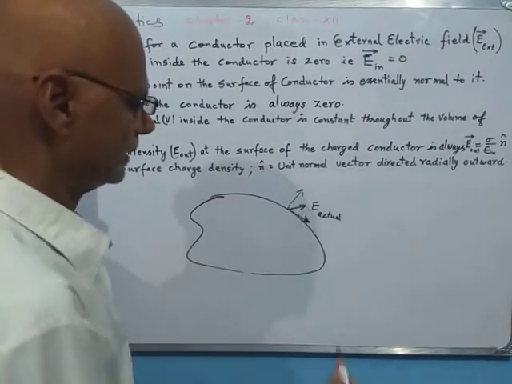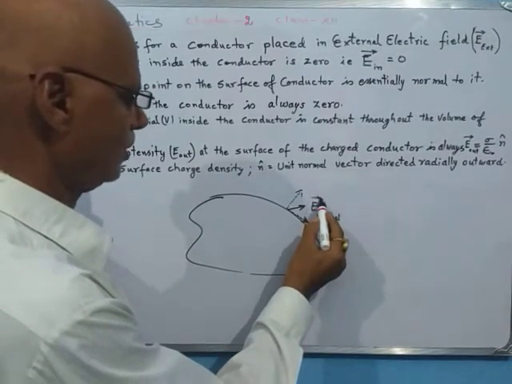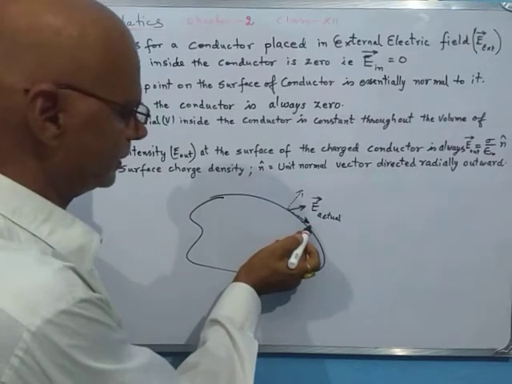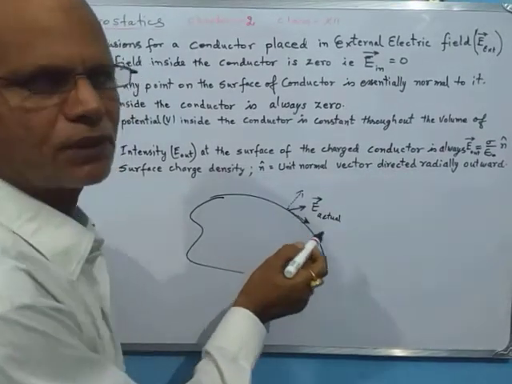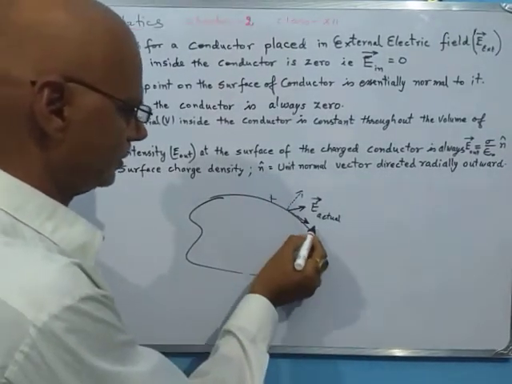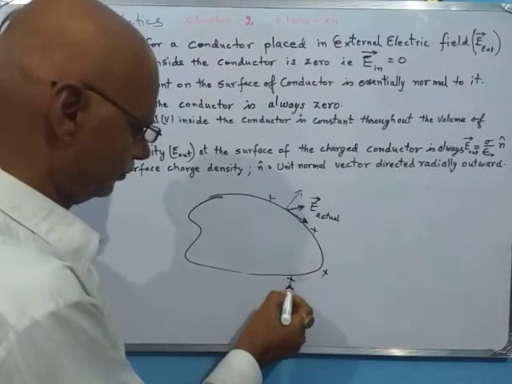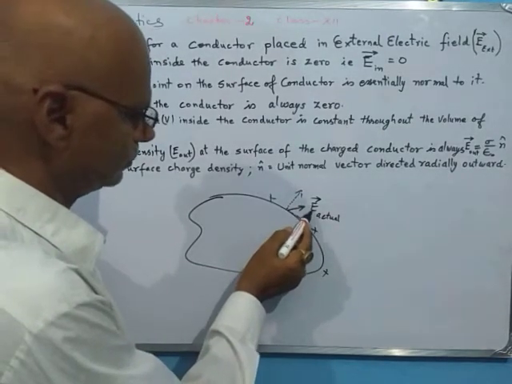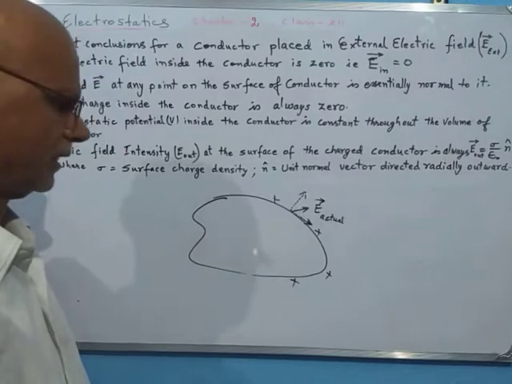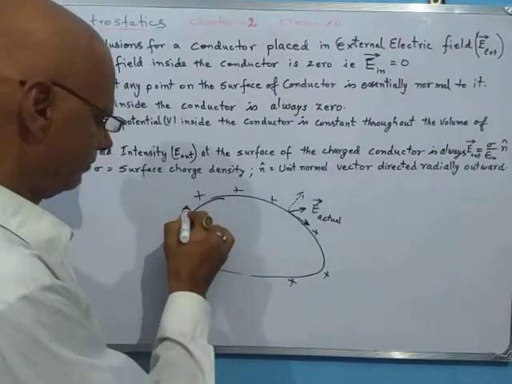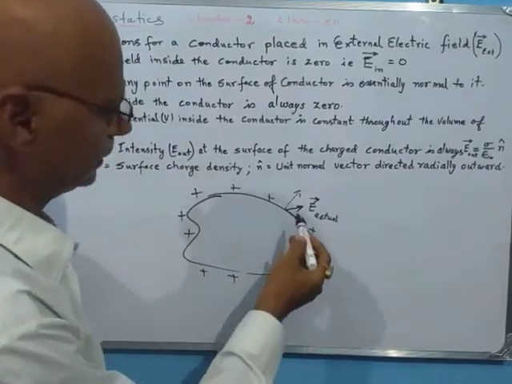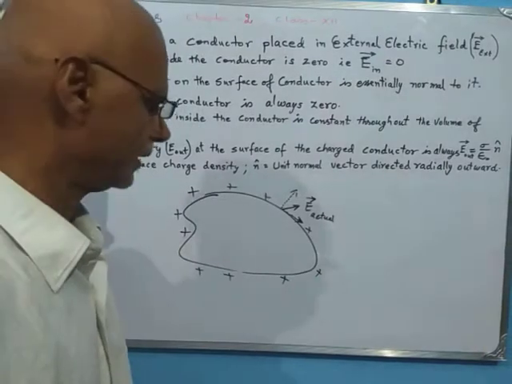If we talk about this electric field which is not perpendicular to the surface, then the horizontal component, that means the component of electric field along the surface, will force the charge placed on the surface of the conductor to move from its location according to the direction of the horizontal component of electric field at that point. And so there will be a reshuffle of charge placed on the conductor due to the electric field which is not normal to the surface.